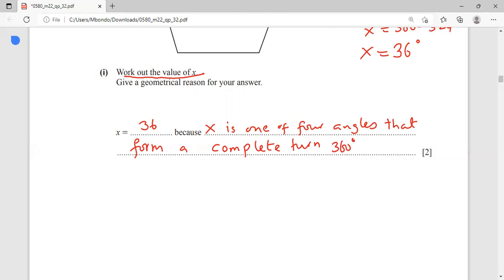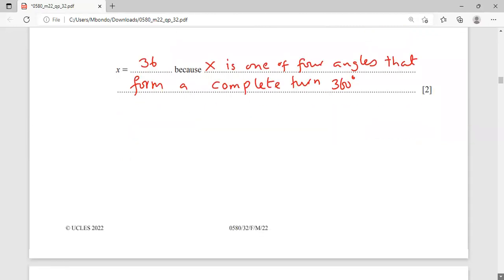So that is the reason that we could give there.